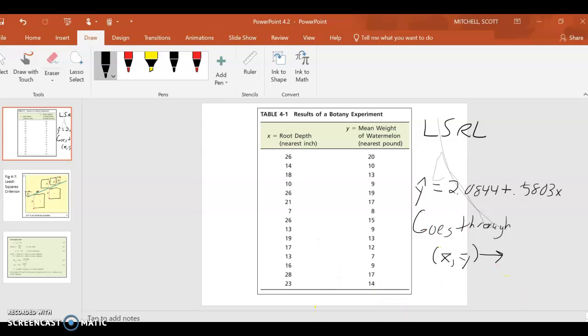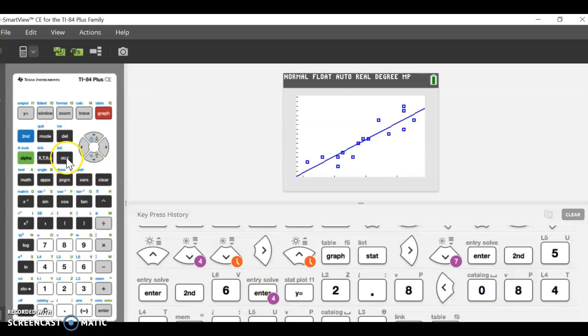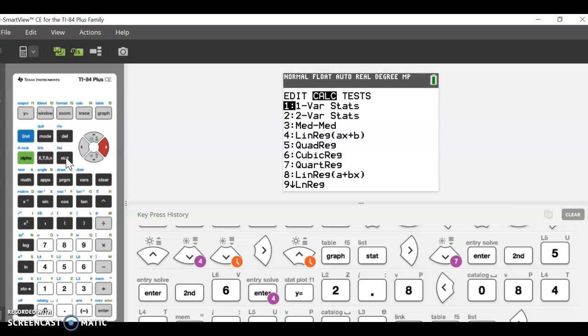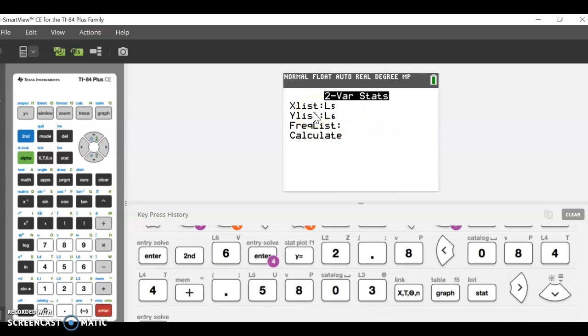Okay, so how could I find that point? Well, I can go back to my calculator. Again, I can do everything with the calculator. I go stat, I go calc, and now I select 2-Var Stats. My x list is still L5, my y list is L6. That didn't change. I'm going to calculate it. So here's my x bar, 18.47.